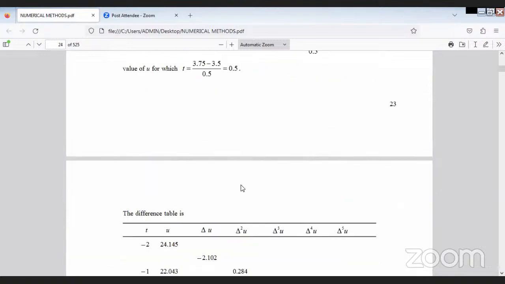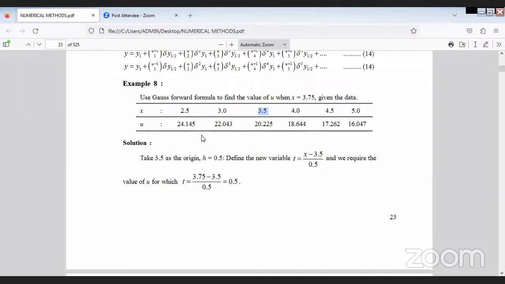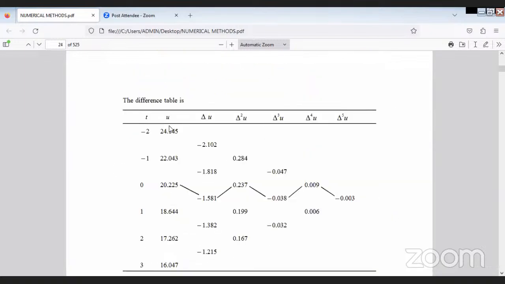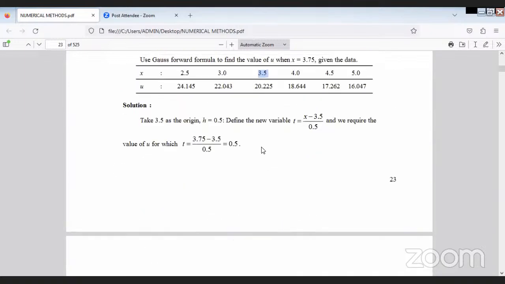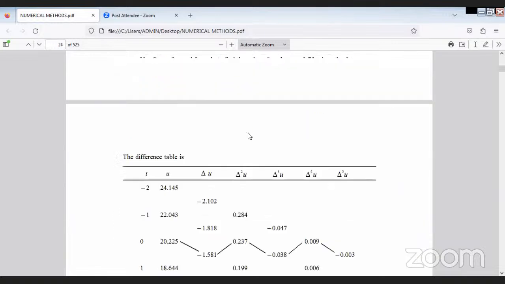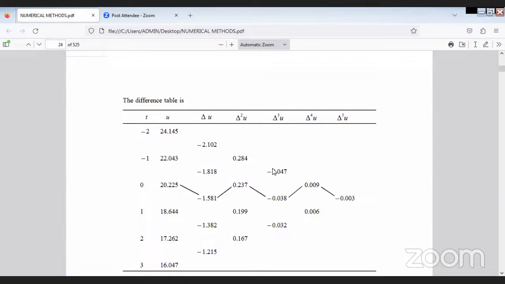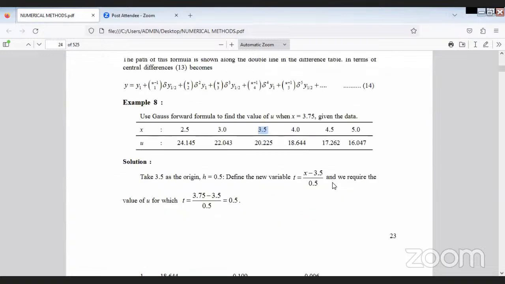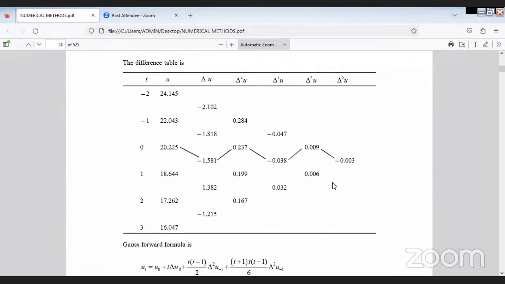I'm taking the table. This is 3.5, I'm taking 0. So minus 2, minus 1, 0, 1, 2, 3. I'm writing the same values here: 24.145, 22.043, 20.225, 18.644, 17.262, 16.047. Do the differences: 22.043 minus 24.145, these two values give minus 2.102.